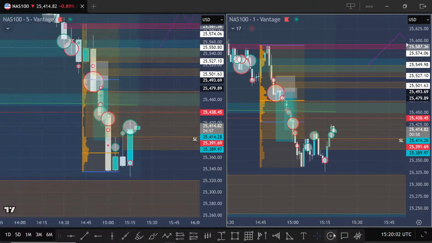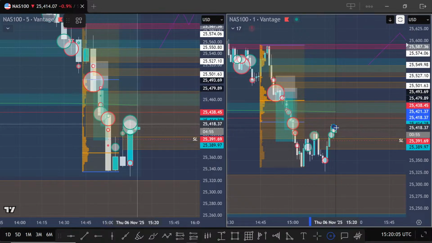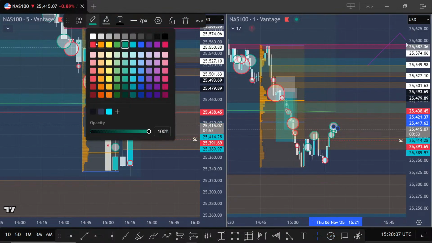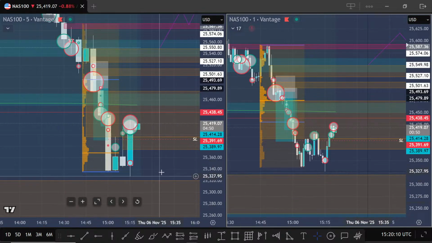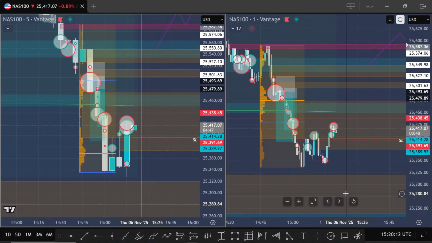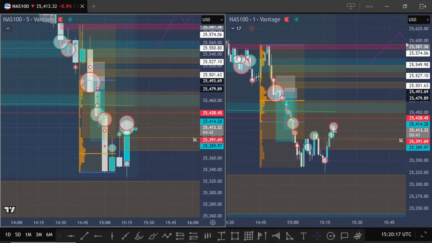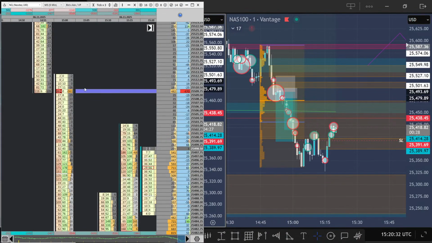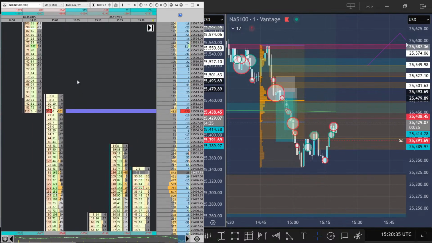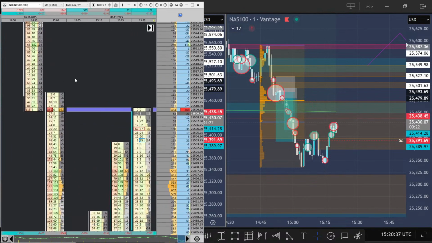So here we've got some sellers and some buyers and some sellers stepping in. I think this is likely to get a visit.